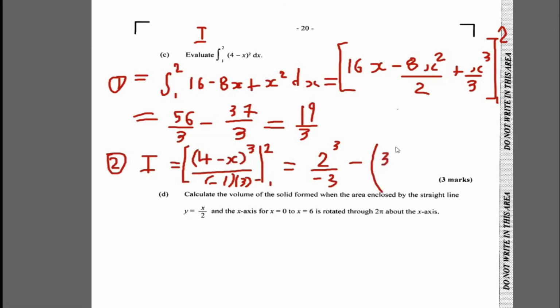And so you get minus 3 cubed over -3. Most people will do it like this, and you should get the same answer.